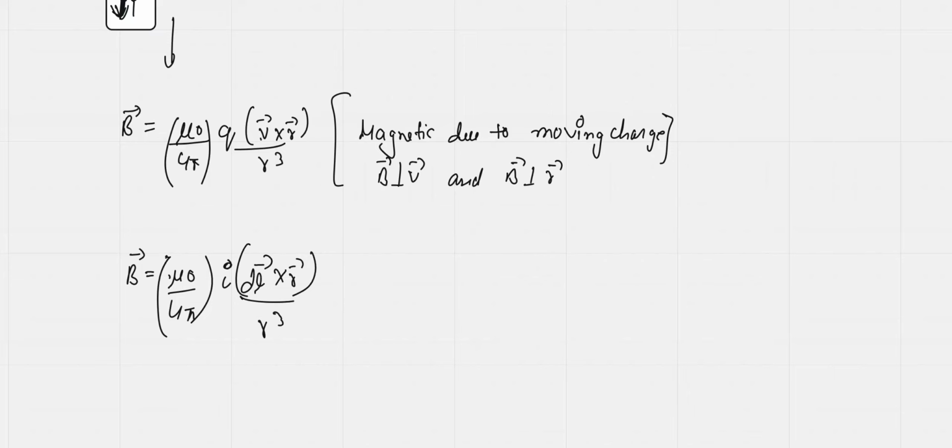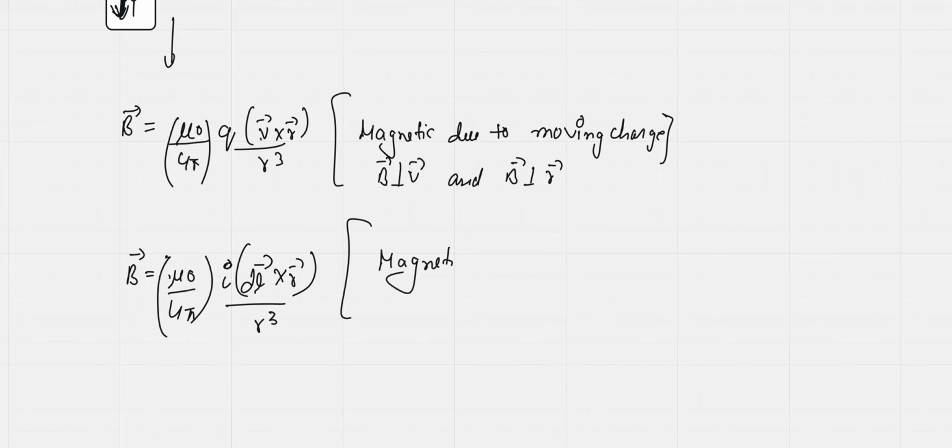Another way: because this is a positive charge, this I can be written as q by t. Q by t, and dl by t gives you velocity itself. If you open this v, it will become dl divided by time. So you have to keep that in mind.